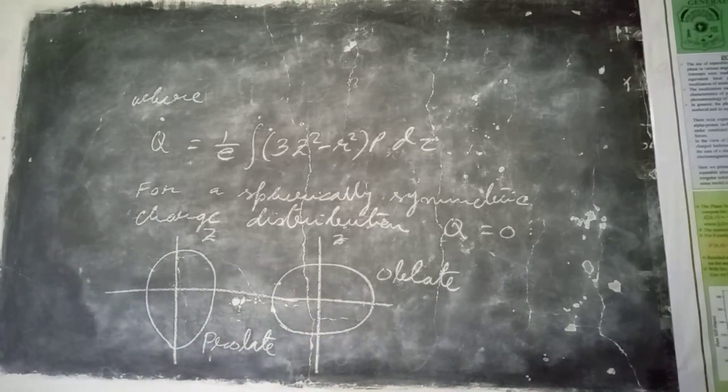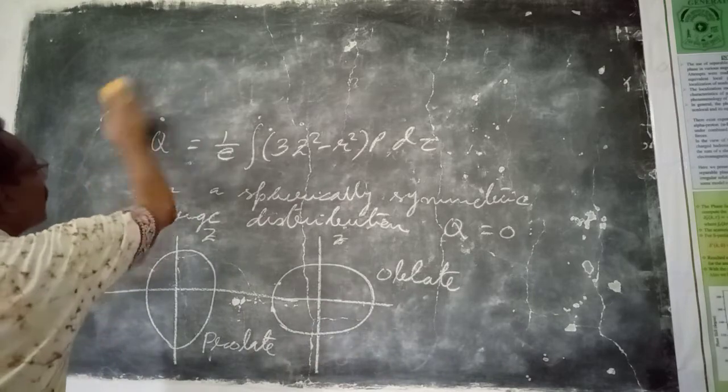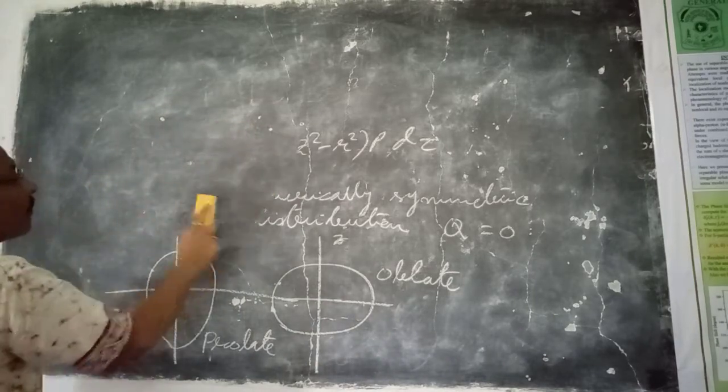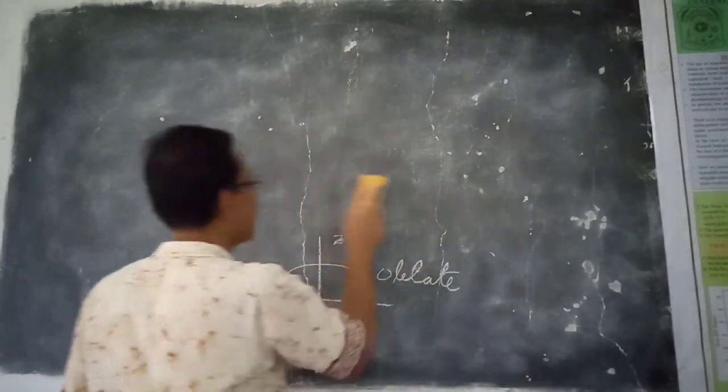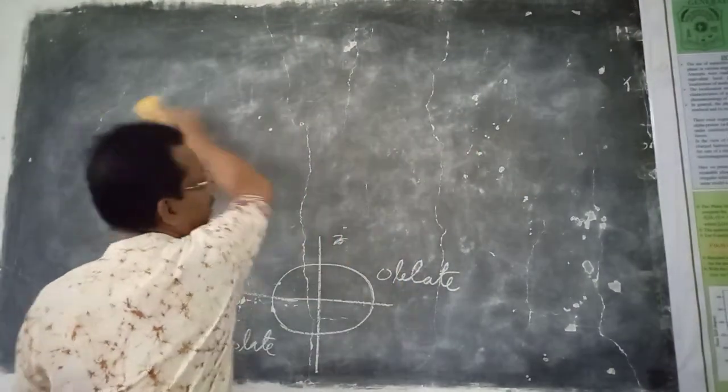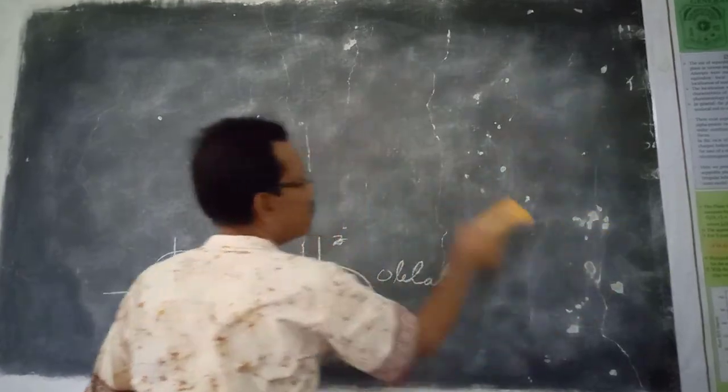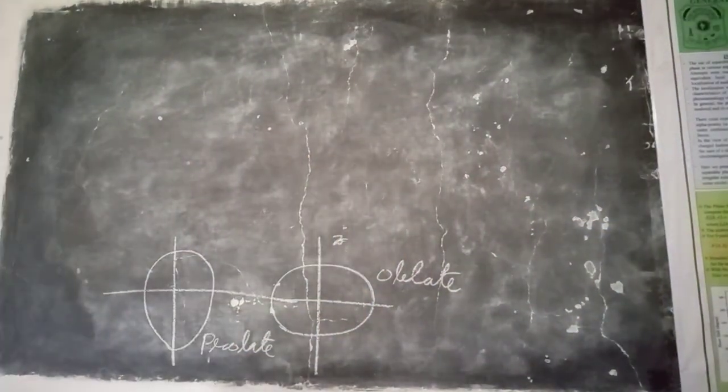Now, when we find any observable in a quantum mechanical problem, then we always take its projection along the symmetry axis.